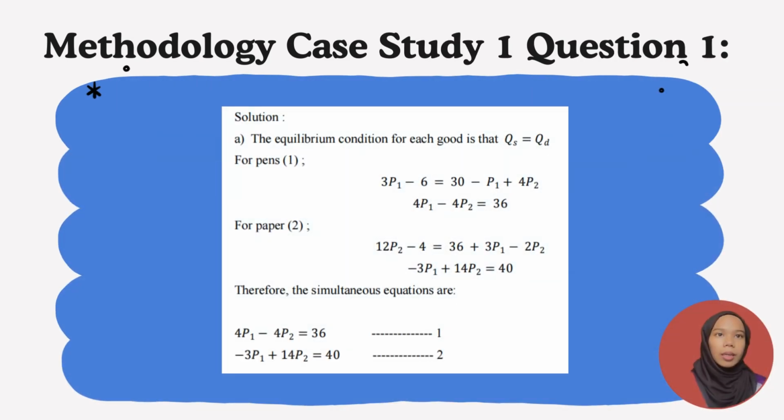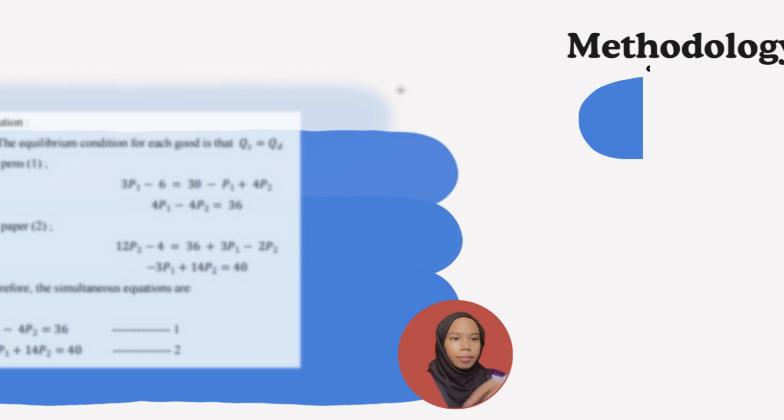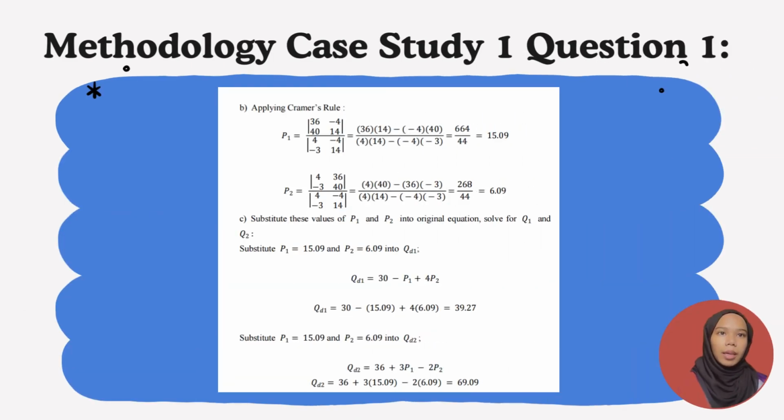Solution for A: the equilibrium condition for each good is that QS equals QD. For pens, we got 4P1 minus 4P2 equals 36, and for paper, we got minus 3P1 plus 14P2 equals 40. Solution for B: we need to apply Cramer's rule in this case.